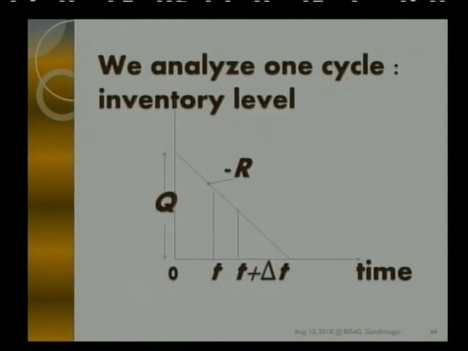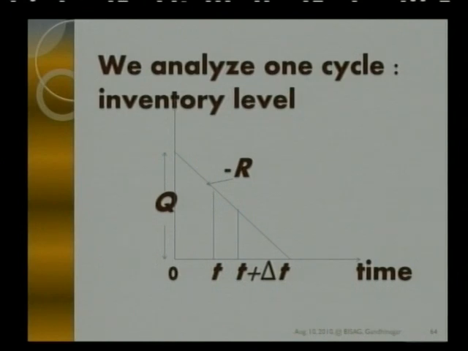So it looks like initially you start with Q units in the system. Demand occurs at a uniform rate, say capital R, and because it is decreasing, we have the slope of that particular line to be negative R, and it finishes off at capital T, which is the extreme boundary point on the x-axis.